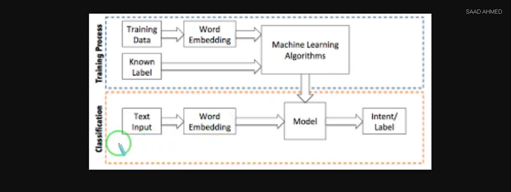If you look at the bottom side, the classification here, there is unseen text input, and a model which was created after the training process, and this model is going to identify and label the input text accordingly. In the simplest form, it can be positive, negative, and neutral. Here you can see the word embedding.